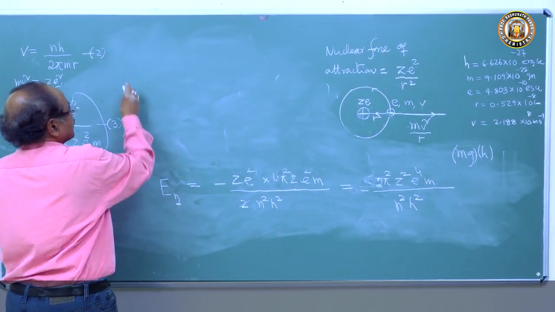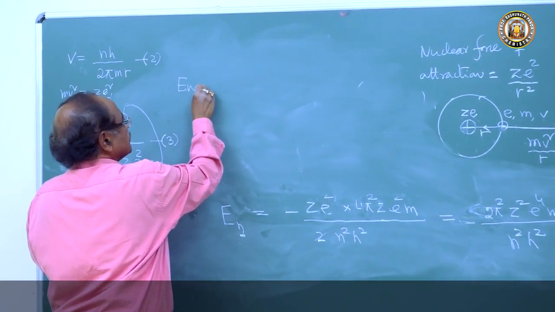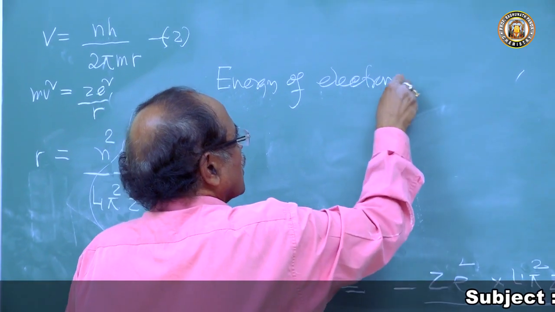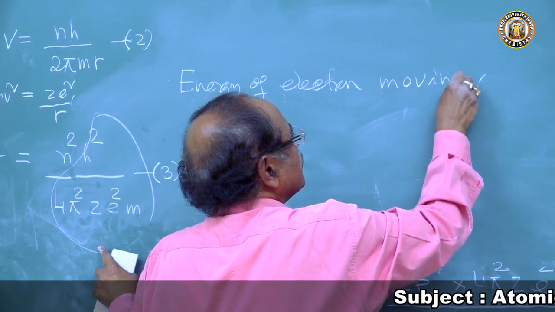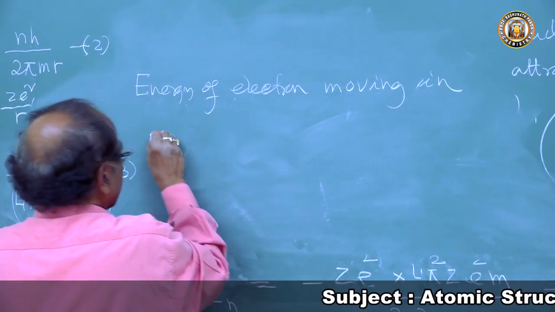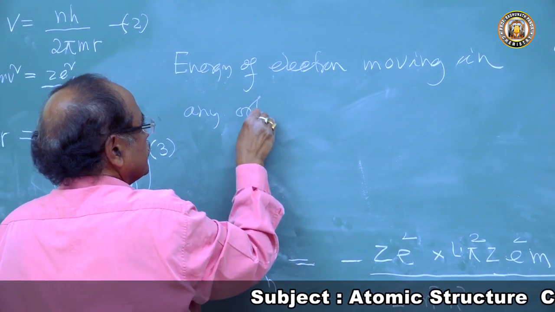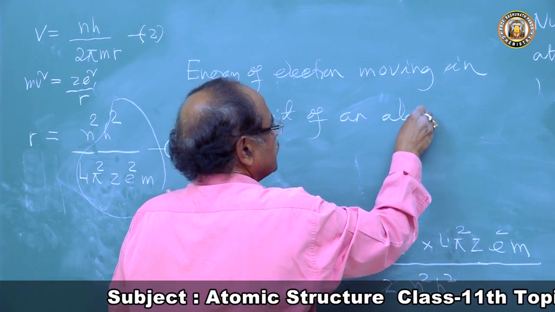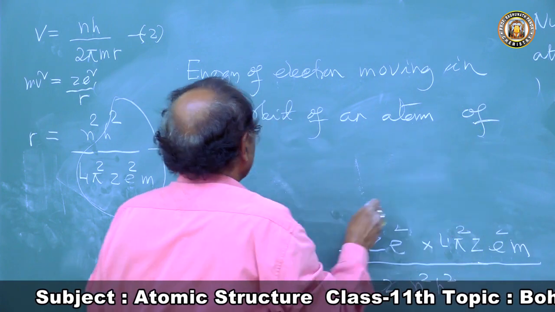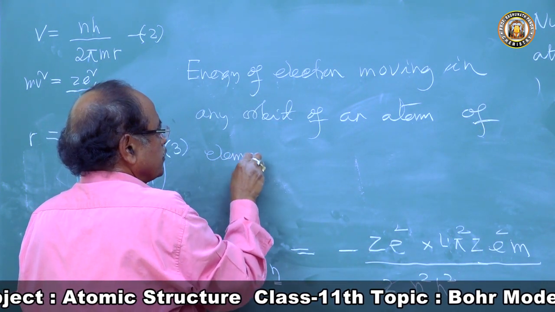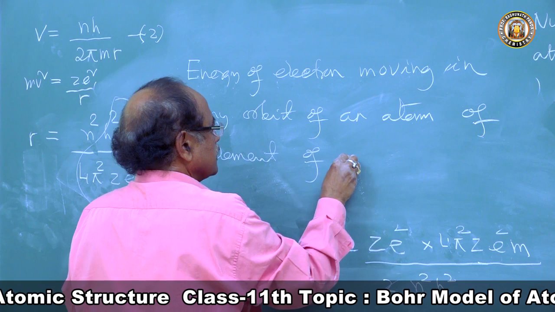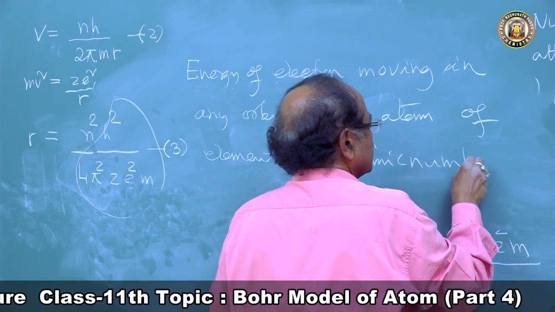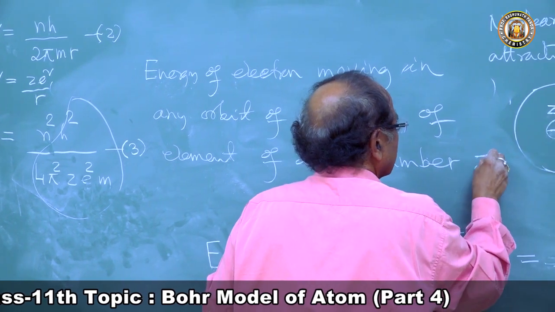The energy of the electron moving in any orbit of an atom of an element of atomic number Z will be how much?